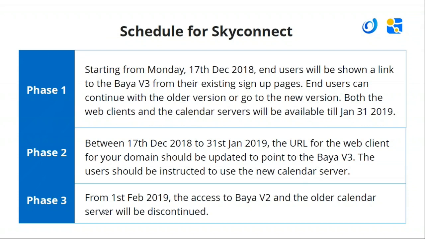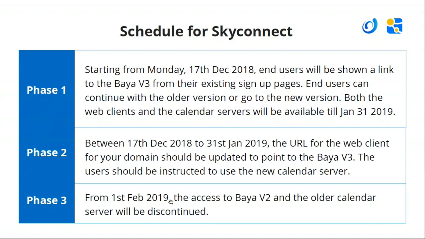In phase 3, from 1st February, access to Baya V2 and the old calendar will be discontinued. The new interface Baya V3 will be in play, and also the new calendar interface.